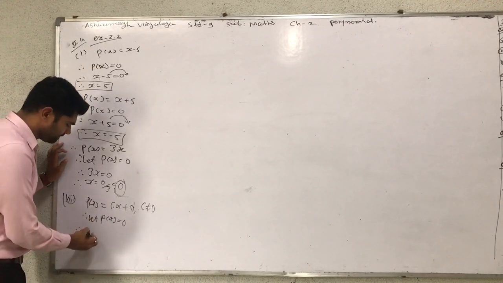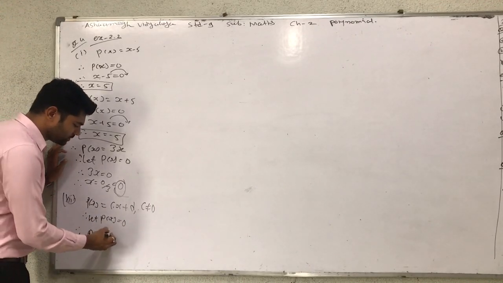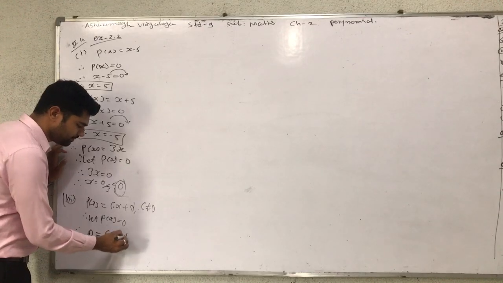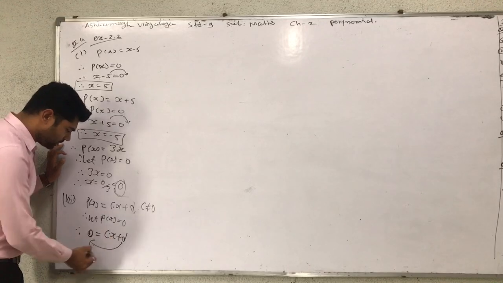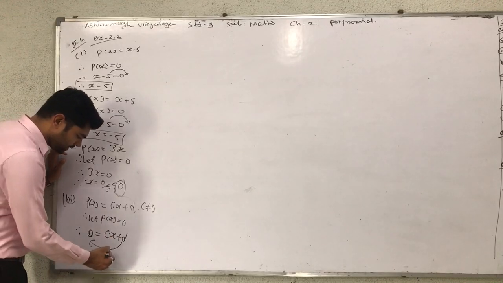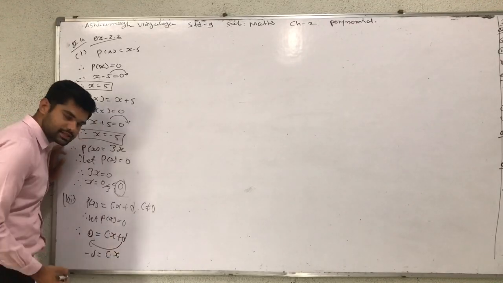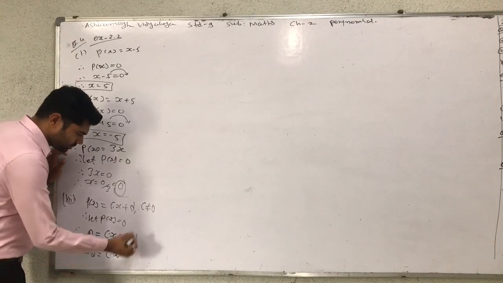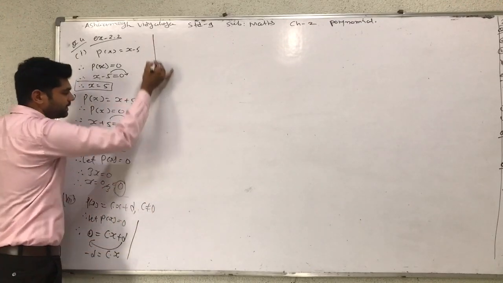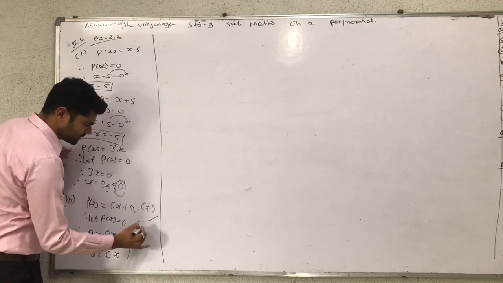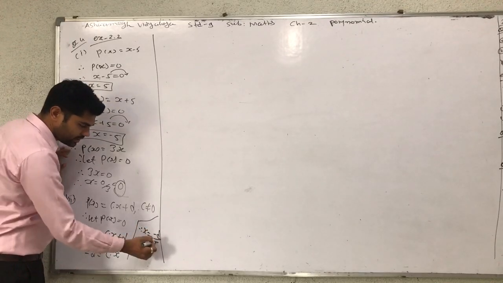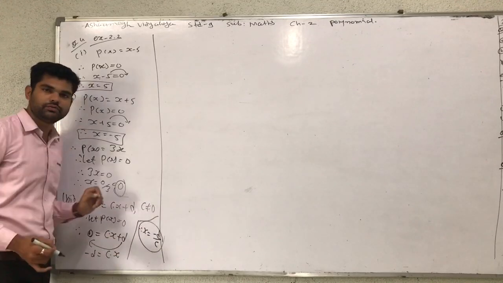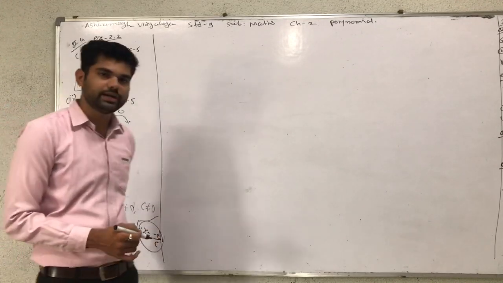We get 0 equal to c into x plus d. Now the sign of d changes, so positive becomes negative, giving c into x equal to minus d. Multiplication is converted into division, so x equals minus d divided by c. So the zero of the given polynomial is minus d divided by c.